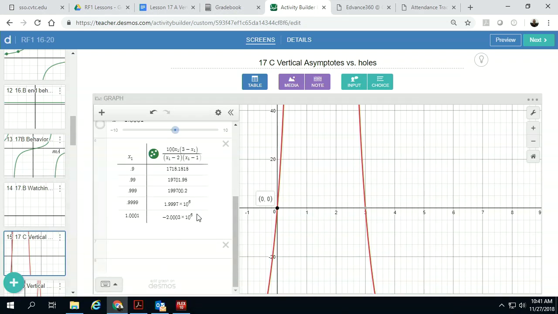So at 0.9 seconds, my shadow is 1,700 meters long. At 0.99 seconds, my shadow is 19,000 meters long. At 0.999 seconds, my shadow is 199,000 meters long. 0.9999, my shadow is 2 million meters long. Got it?